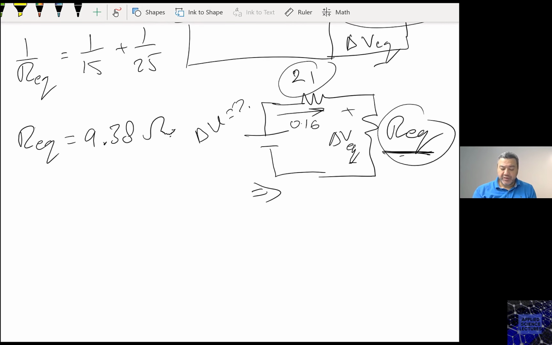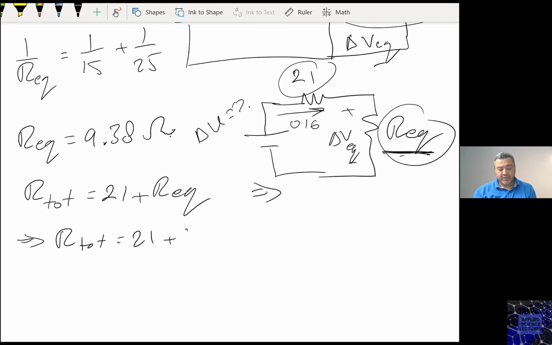Then, if I want to calculate the total potential difference, which is across this R equivalent that is in series with the 21 ohm, I can say R total equals 21 plus this R equivalent, or R total equals 21 plus 9.38, which means R total is 30.38 ohms.